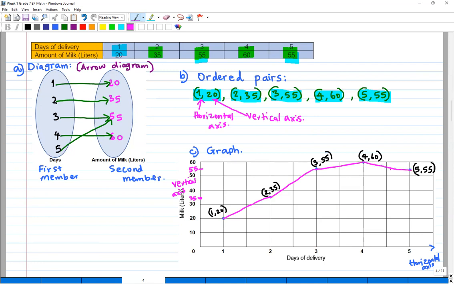Okay, so when you are joining the points, it is better to use a ruler. So I believe you have understood.